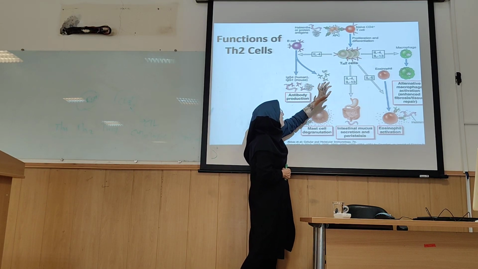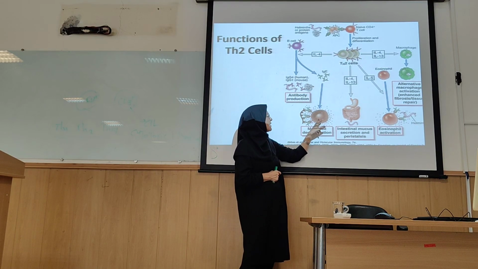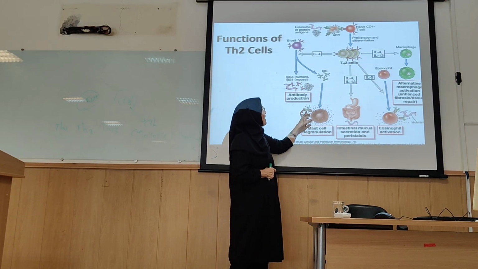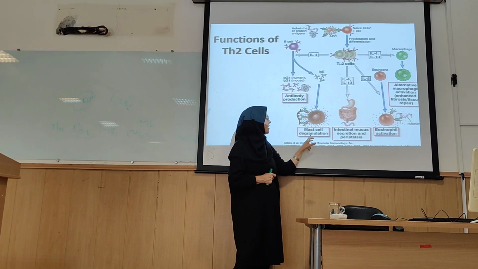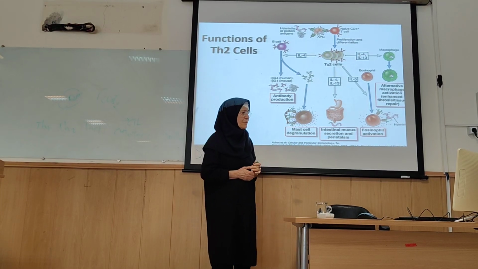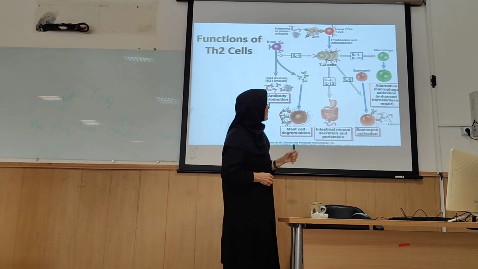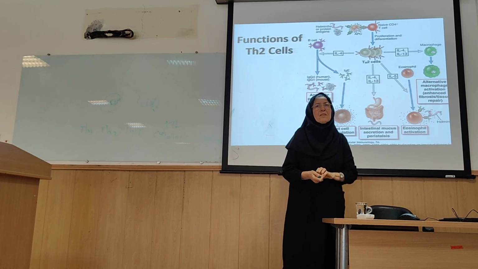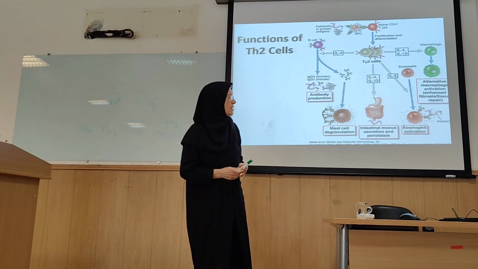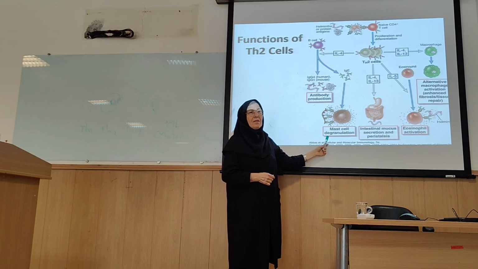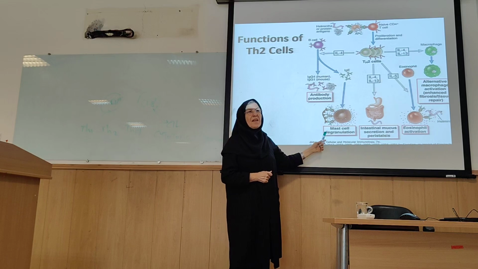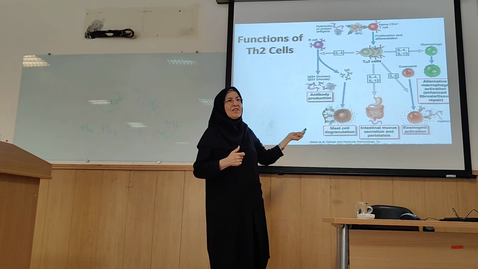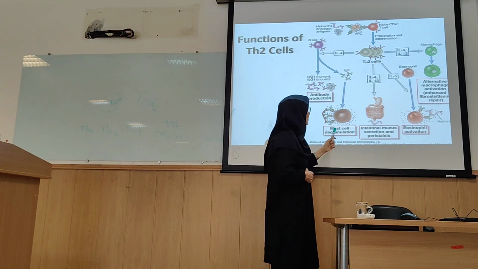IgE has receptors on the surface of mast cells, and binding of IgE and antigen results in degranulation of the mast cell. Then the functions of T helper 2 cells are mast cell degranulation and increased inflammation in hypersensitivity reactions.